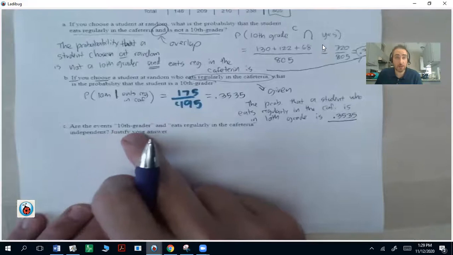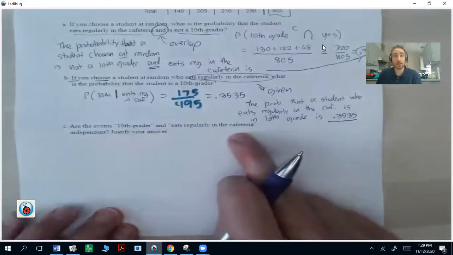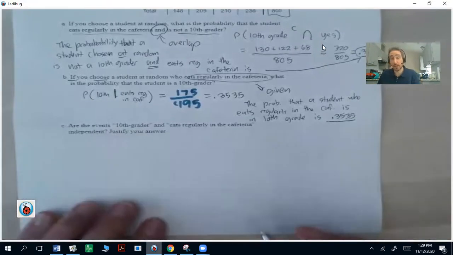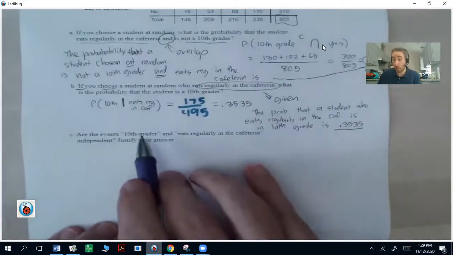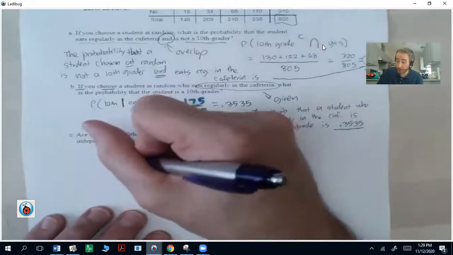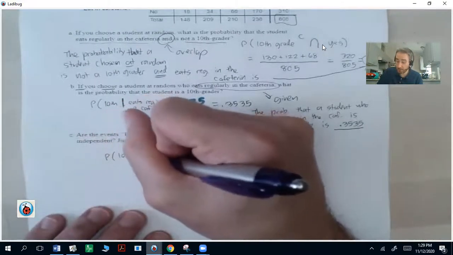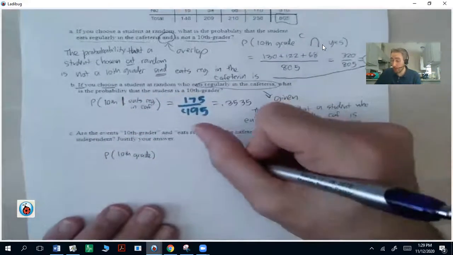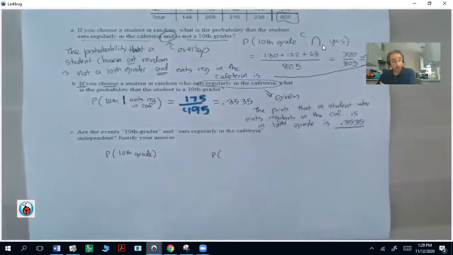Are the events 10th grader and eats regularly in the cafeteria independent? Justify your answer. So we want to test, in other words, does one affect the other? And to do that, you find the probability of one thing, so probability of 10th grade. And then you find the probability of that given the other event happening.